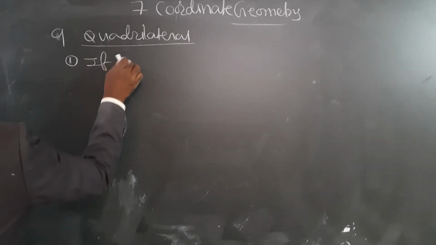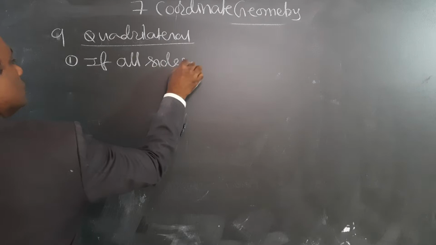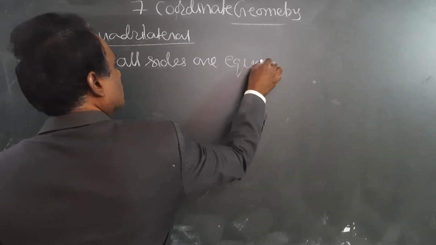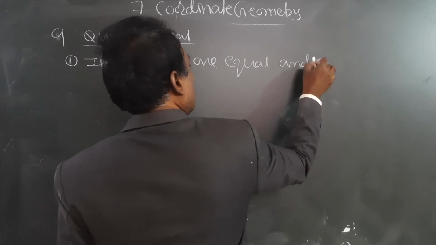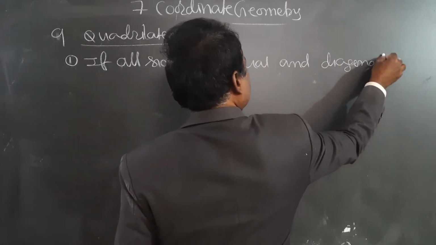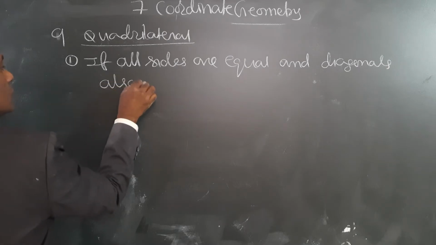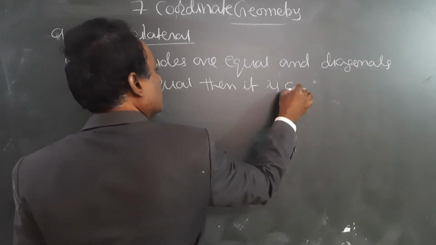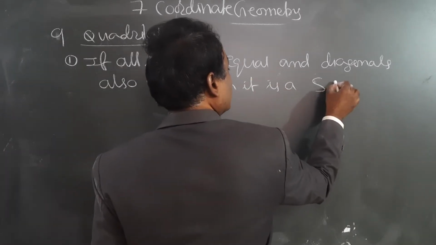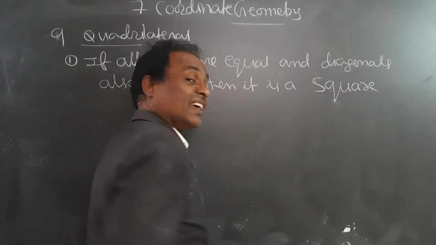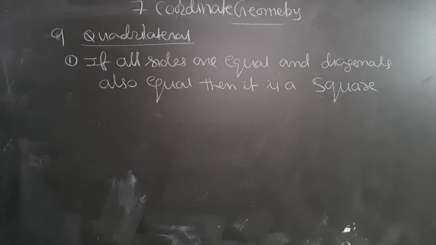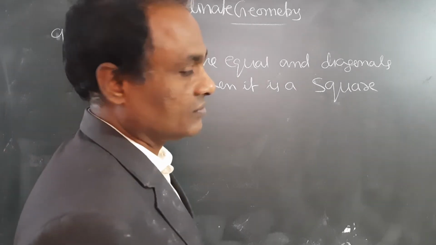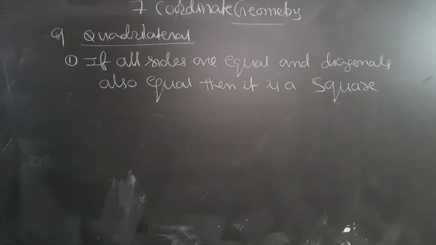If all sides are equal and diagonals are also equal, then it is a square.